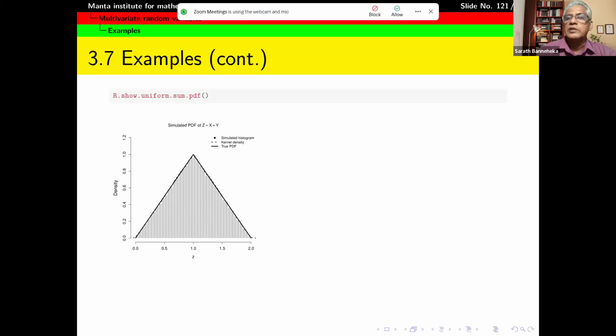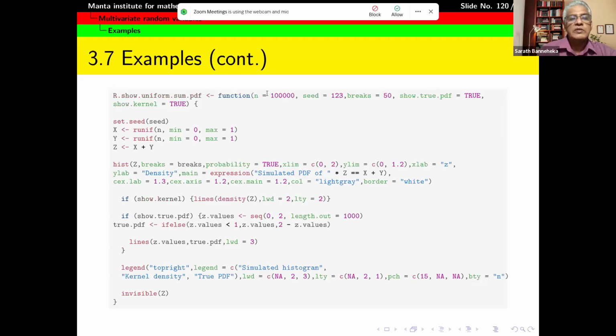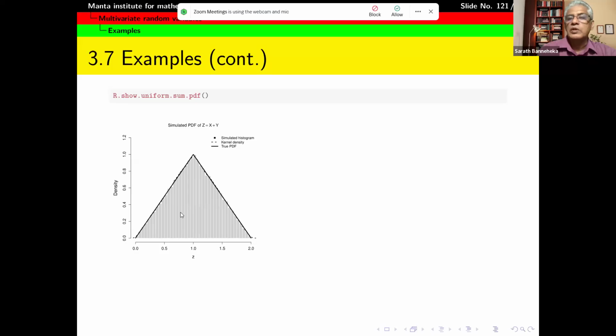The density function here is a symmetric triangle, and from the histogram you can see that, because I have generated 100,000 Z values, the density histogram is going to be pretty close to the theoretical density function, right?